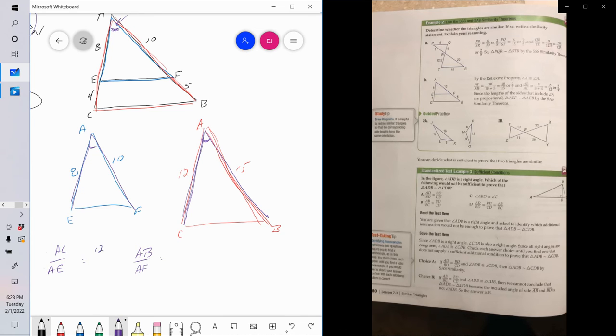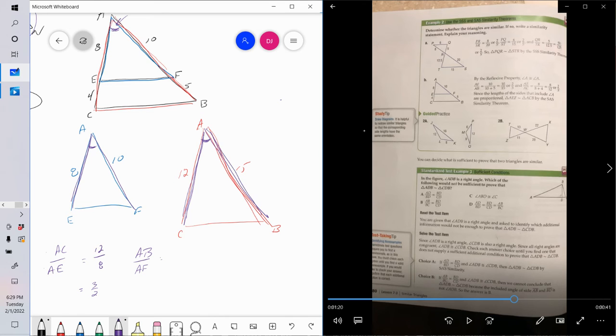AC is 12, AE is 8. Those each divide by 4, and that's 3 over 2. So my scale factor is 3 over 2. AB is, whoops, my battery's going low. AB is 15, AF is 10. 15 divided by 10, 5 divides evenly into each of those. So I have a scale factor of 3 over 2.